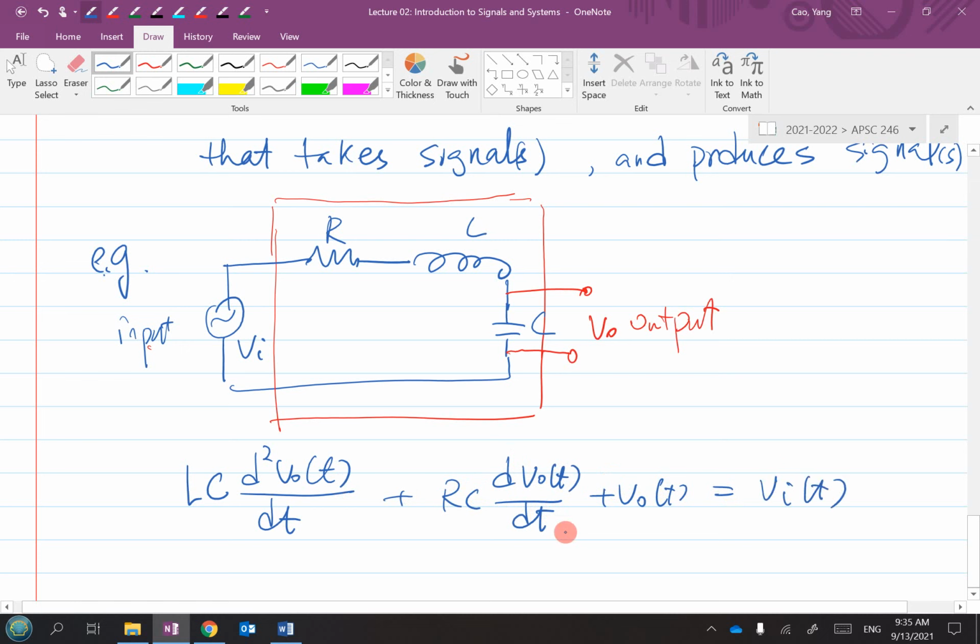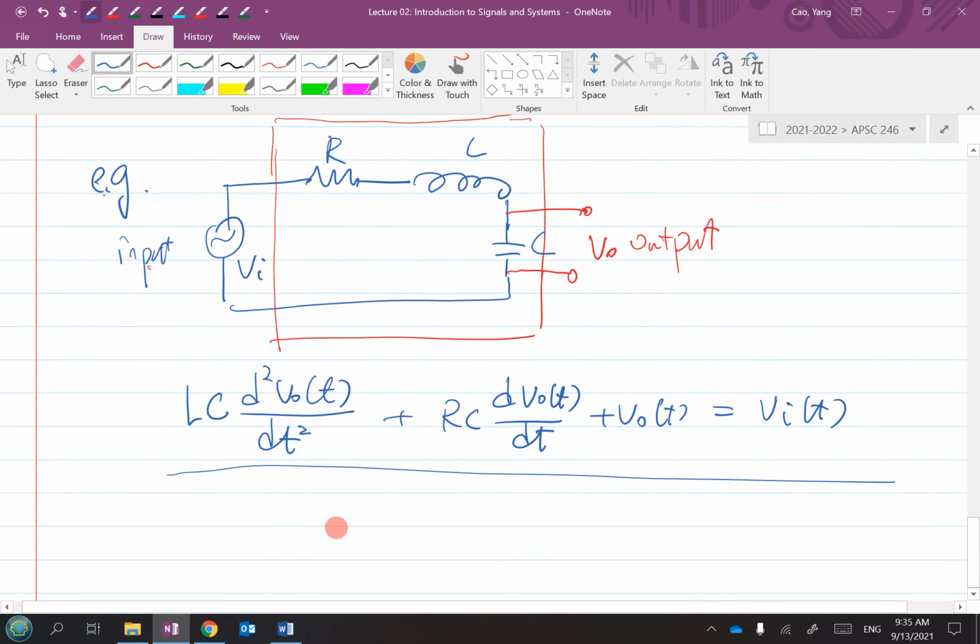This is called second order because there is a second-order derivative here. And this equation clearly involves both the input and the output, so it connects the input and output using one math equation. We'll be able to solve this to give us a solution for the output, which will be a function of the input.